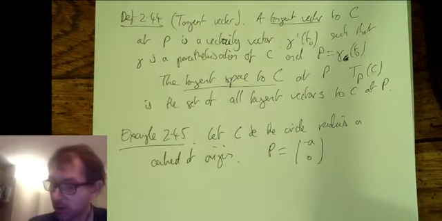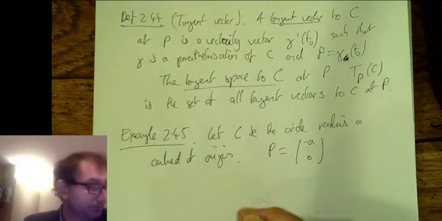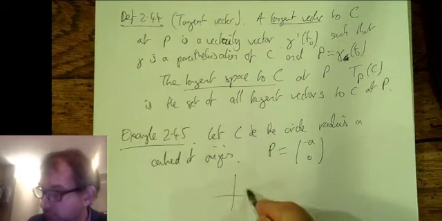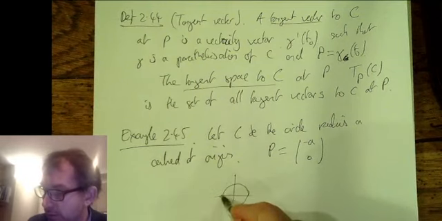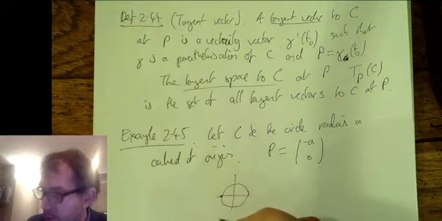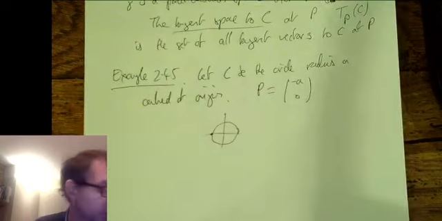So we are on the left side of the circle. What we're expecting is that this tangent space ought to be the line going through that point. So let's just see that that is indeed what happens.